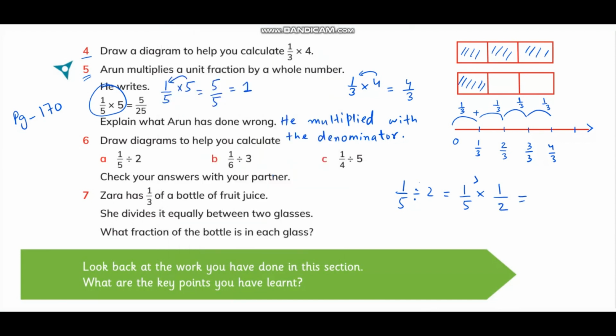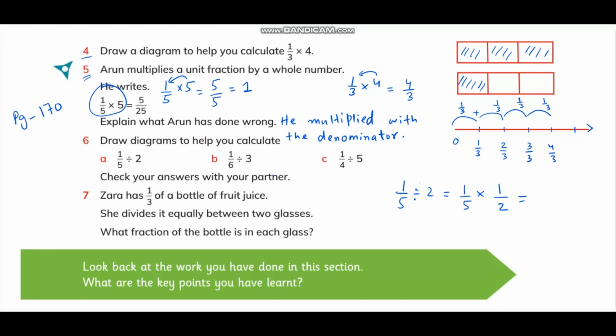The next thing you have to do is multiply numerator with the numerator and denominator with the denominator. When we have to divide and we convert into multiplication, then you multiply numerator with the numerator and denominator with the denominator.